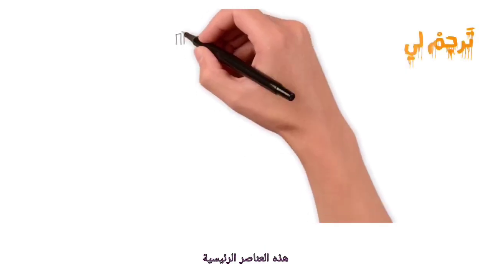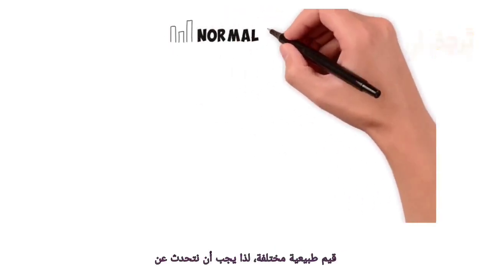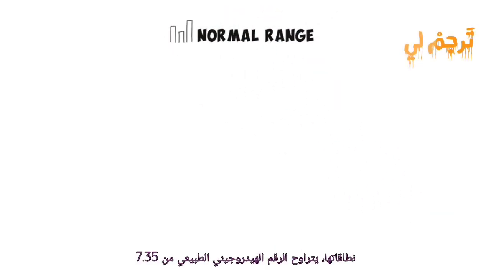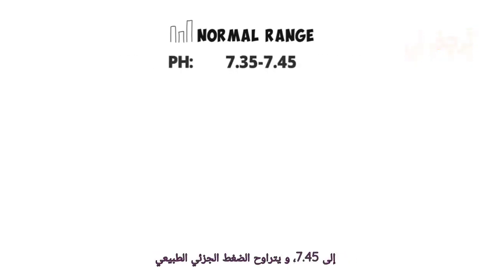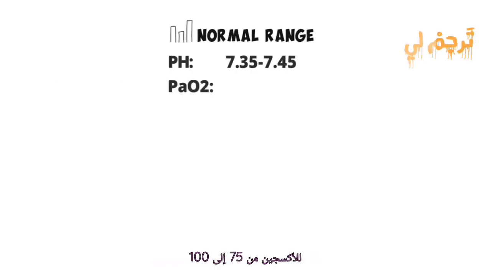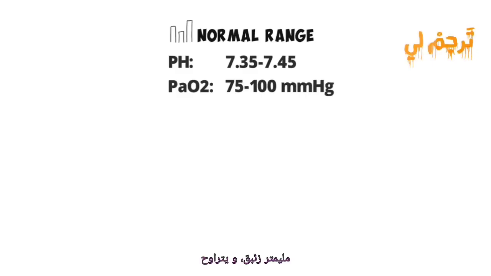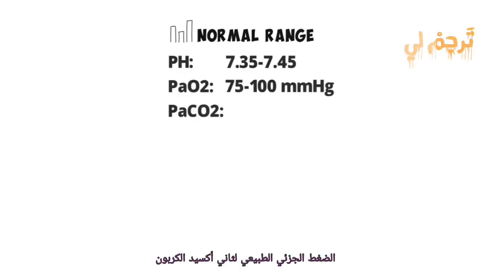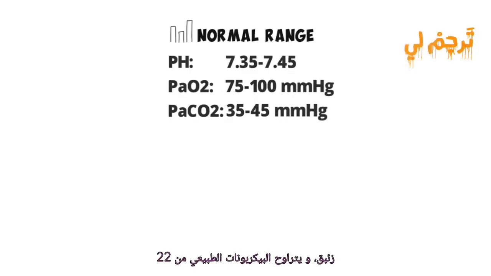These key elements all have different normal values, so we must talk about their ranges. The normal pH ranges from 7.35 to 7.45. The normal partial pressure of oxygen ranges from 75 to 100 millimeters of mercury. The normal partial pressure of carbon dioxide ranges from 35 to 45 millimeters of mercury.